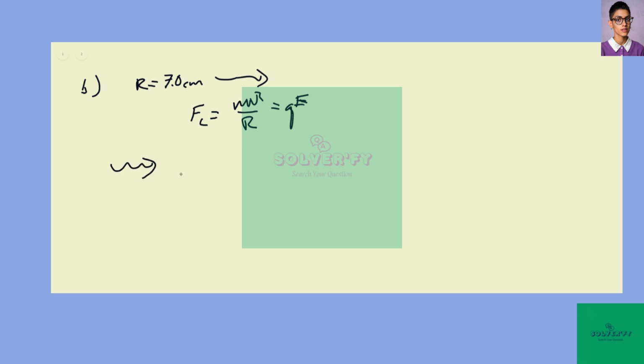So we can rearrange, so our velocity now is given as the square root of q over 2 pi epsilon naught m L. Awesome. Let's plug this in.